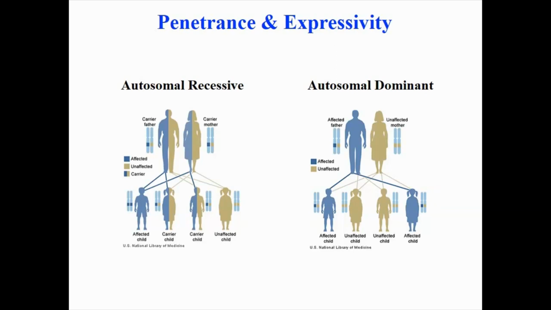Then we have autosomal dominant. Many of the diseases that we're dealing with now, the new diseases, are autosomal dominant. We have the affected father, the unaffected mother, and the chances are 50% that they will have affected children. They could be either males or females, because these are in autosomes, not the sexual chromosomes.